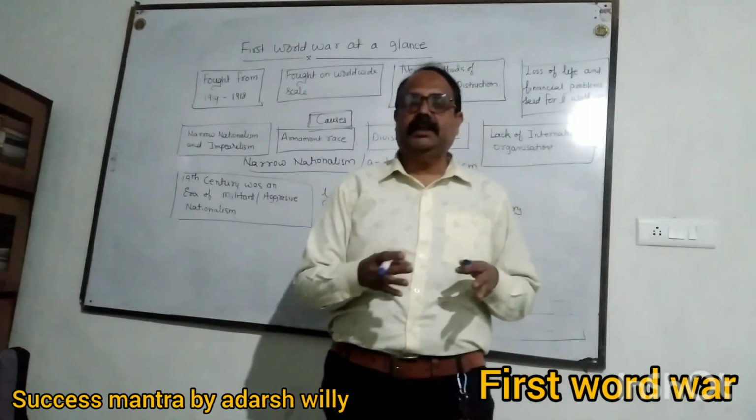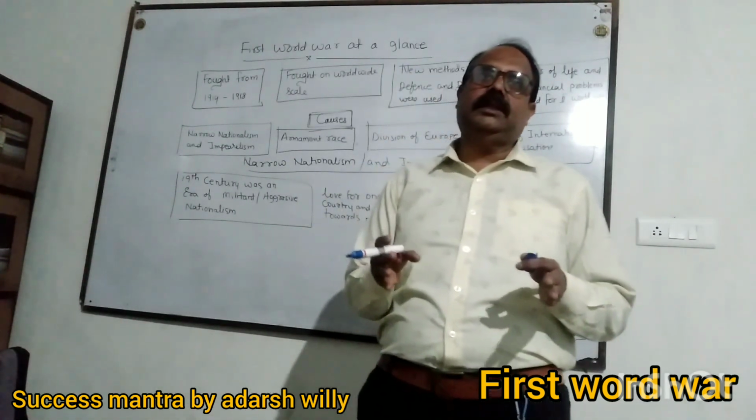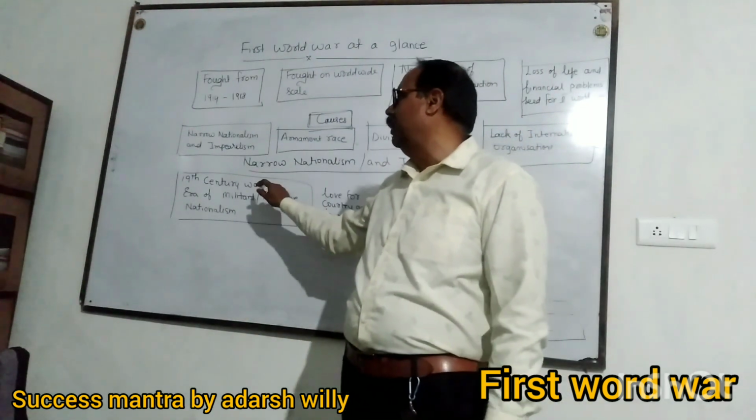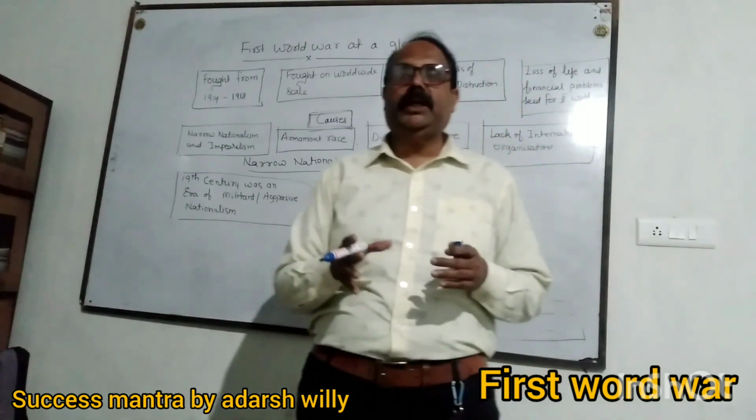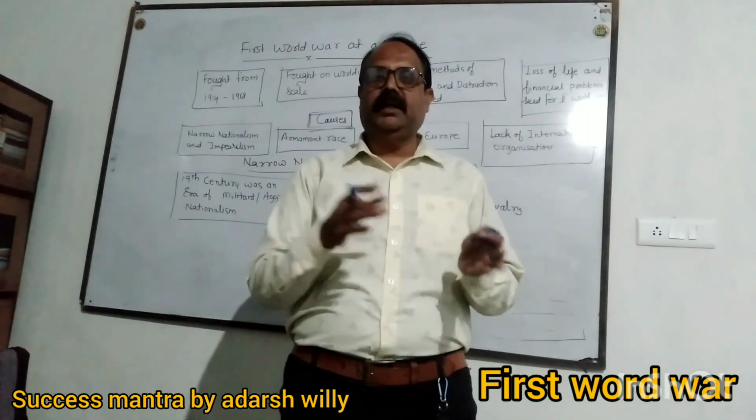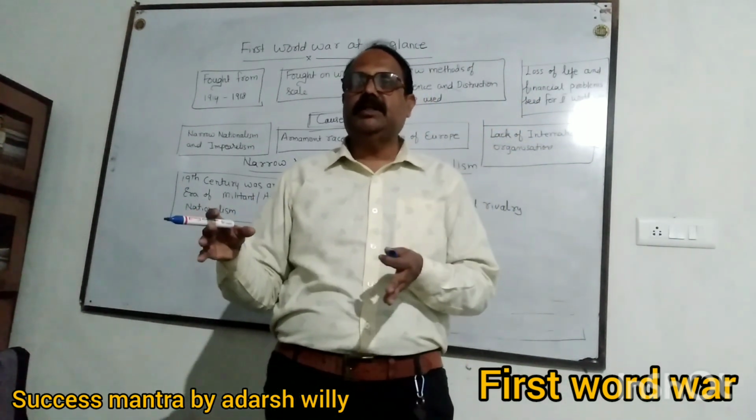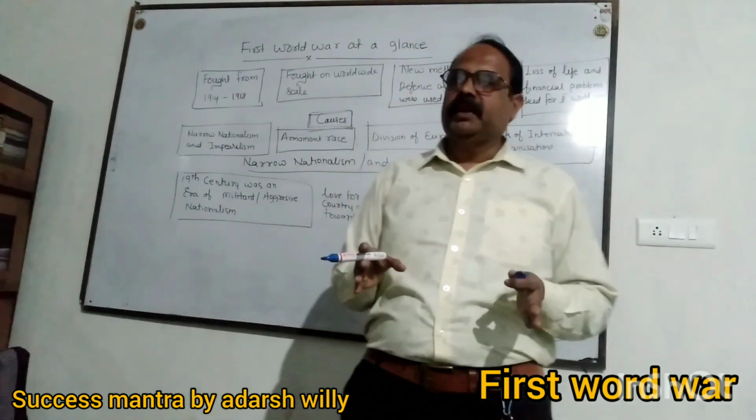They wanted to capture their land, so this was known as the era of militant nationalism. Aggressive nationalism means that they wanted to threaten their neighbor, a strong country trying to threaten a weak one.